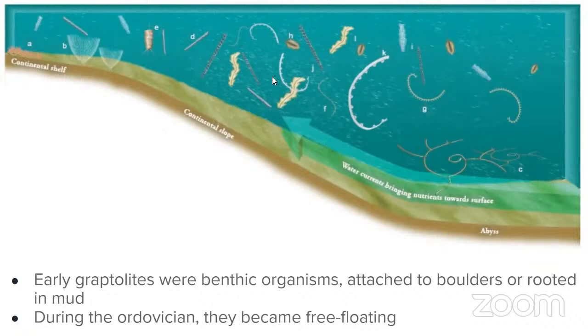So we start to see them able to take on a lot of new forms as they're becoming some of the earliest kind of floating organisms in the water. So they're kind of expanding out into that new ecological niche, into that sort of territory. So here we see some of the different forms that you might expect for a graptolite.